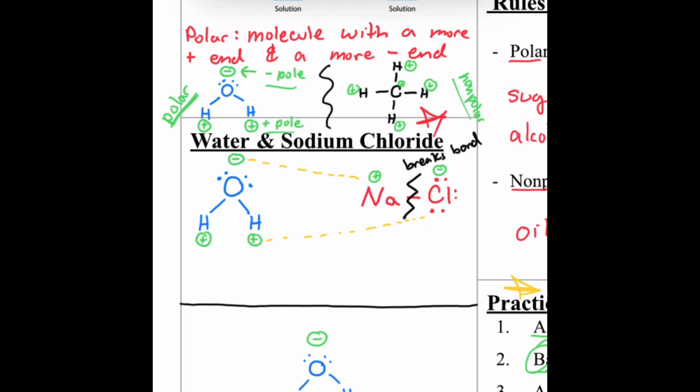And then what I have to do is move my ions to what they were attracted to. Okay, so my positive sodium is going to hang out with the negative end of water, because again, it's attracted to it. And my chlorine ion is going to hang out with the more positive end of water because it's attracted to it. So this would be dissolved.